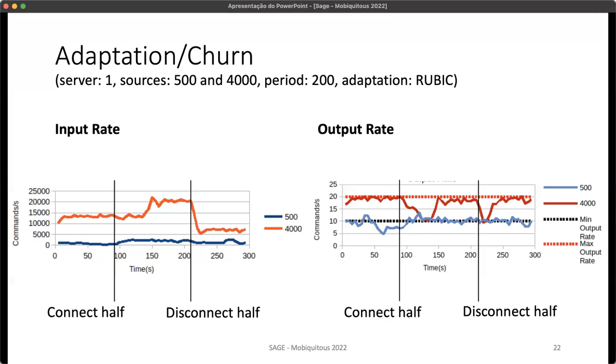It accepts all connections, it adapts, diminishing the transmission period in order to have the data rate close to the top as before. When 2,000 disconnect, the data rate is now not enough, so the transmission period is not high enough to keep the expected pace, and the system readapts, and we'll see that it quickly recovers.